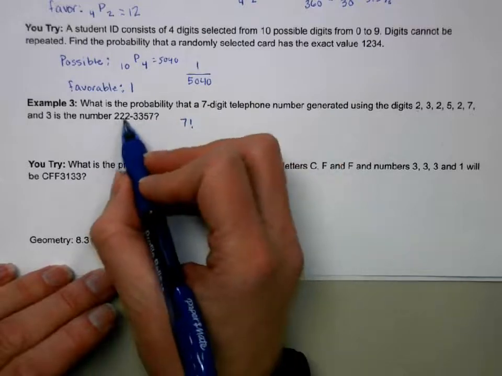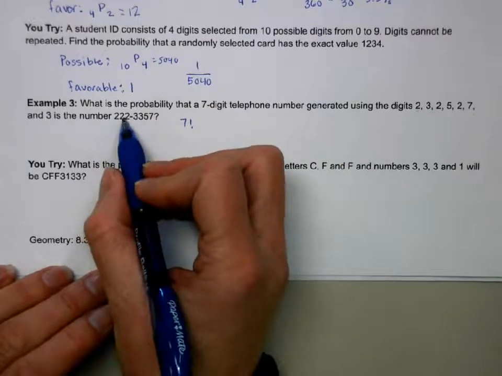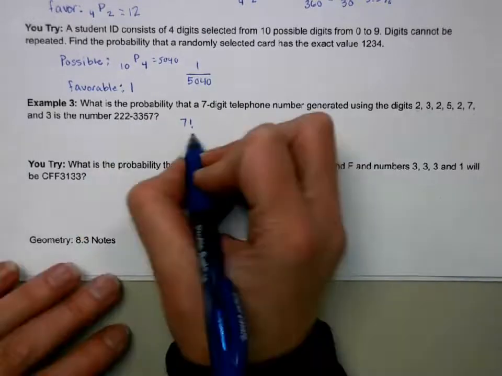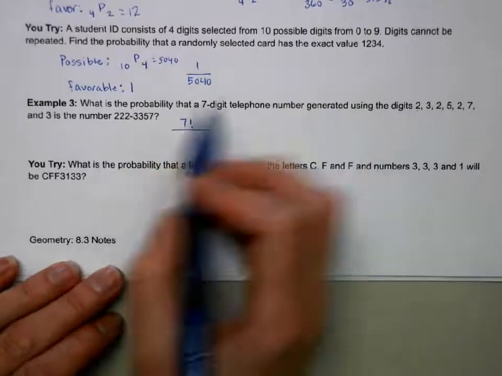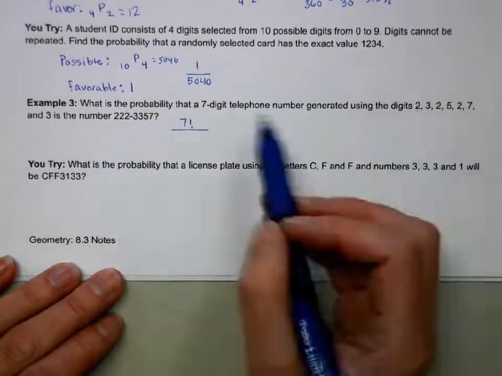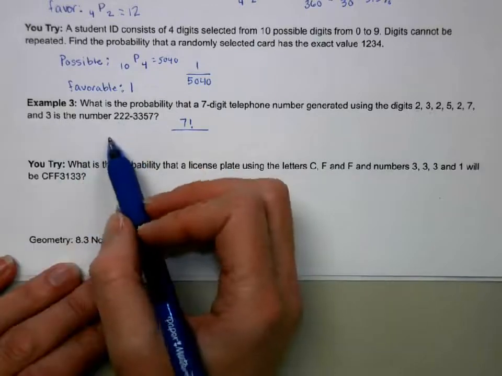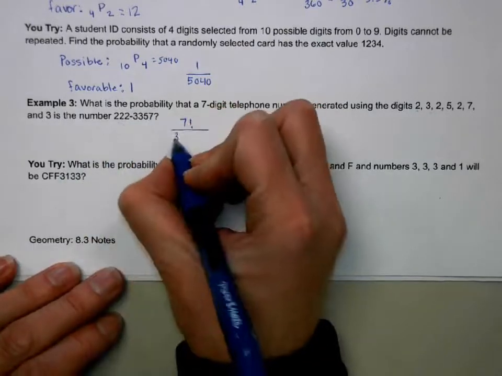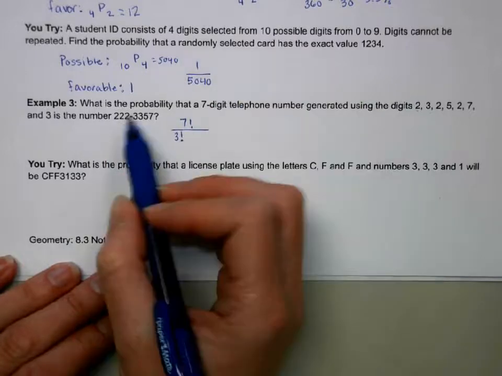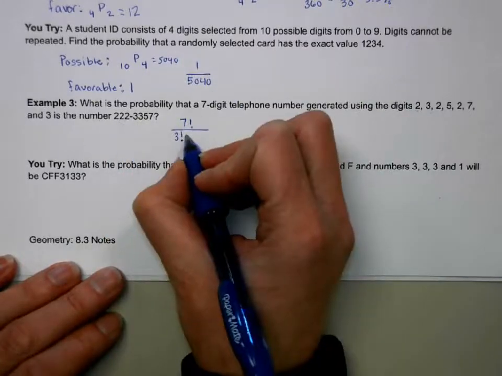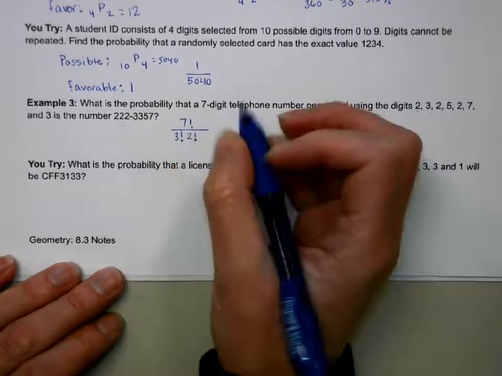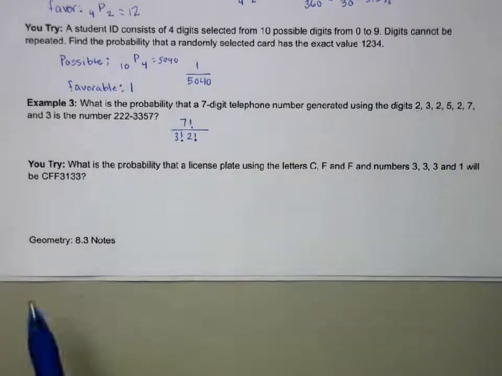So if I switch this 2 and this 2, it's still the same phone number. So we divide out any repetitions. We have 3 2s, so I'm going to divide out 3 factorial. I have 2 3s, so I'm going to divide out 2 factorial. And then there's no other repeats.